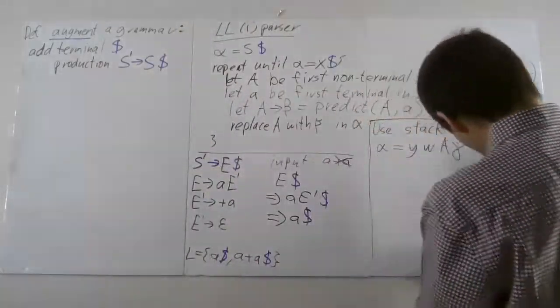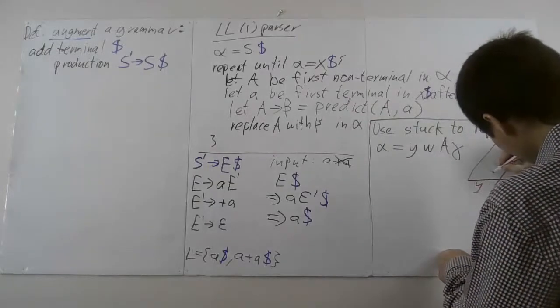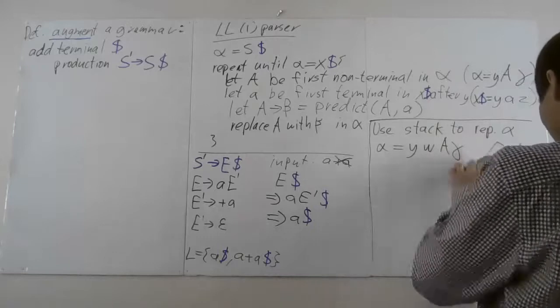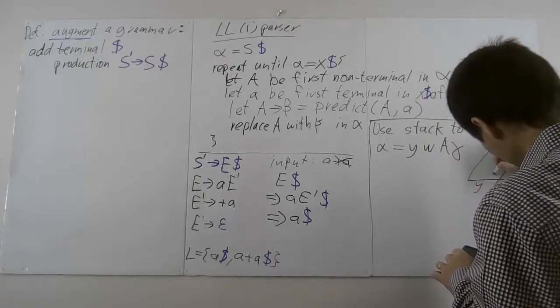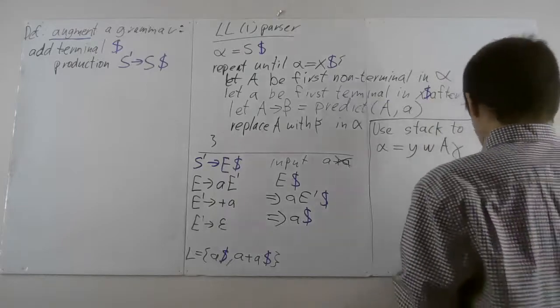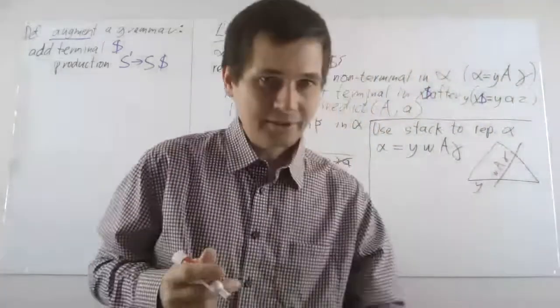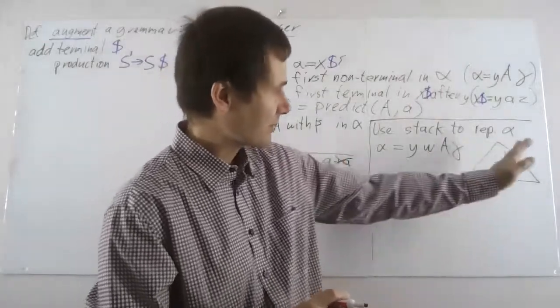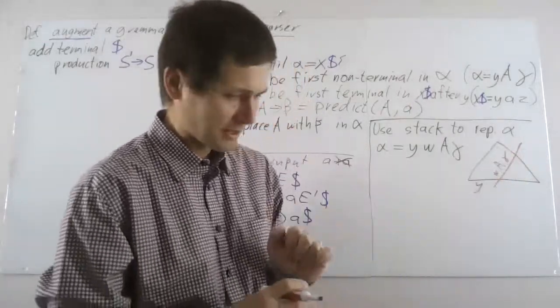So the stack, okay, so I need to write, oh dear, I can't write diagonally here. Let's see, w, a, gamma is going to be sort of this boundary of the parse tree that we haven't built yet.